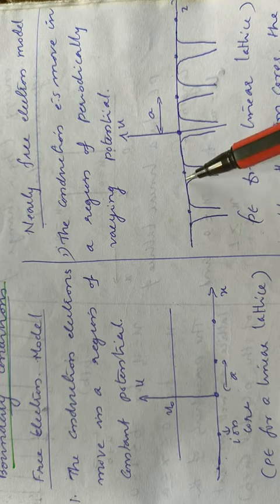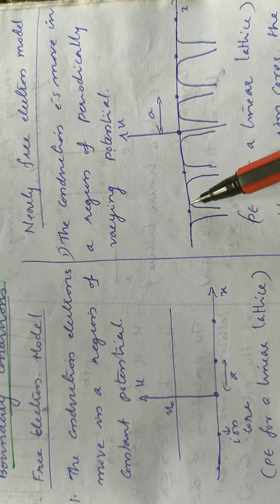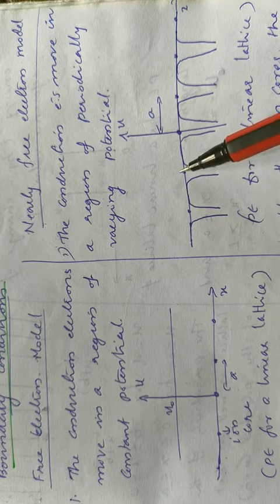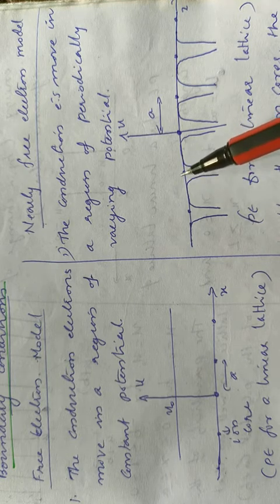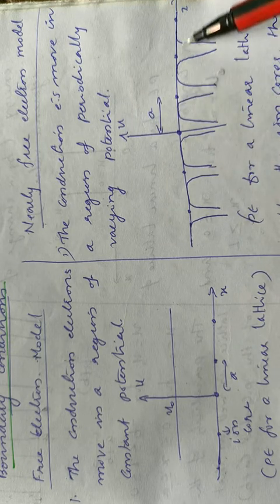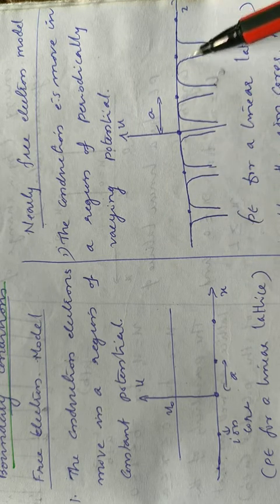Zero because there is no potential contributing factor in between them. It experiences potential whenever it moves near the positive ion cores. I have explained this just before. So this is the periodic nature of the potential.